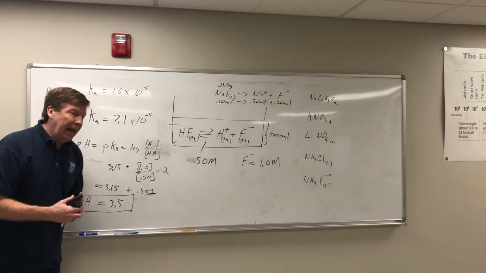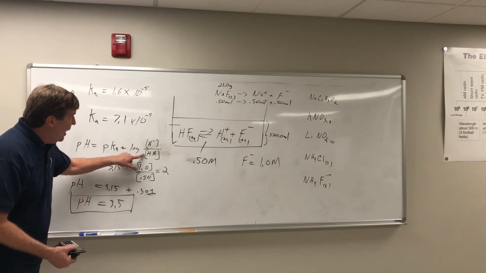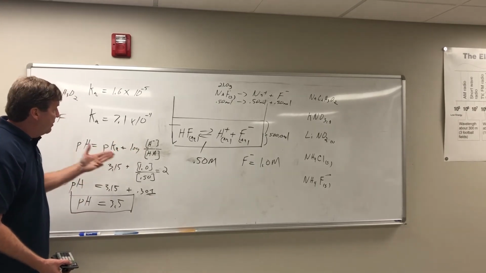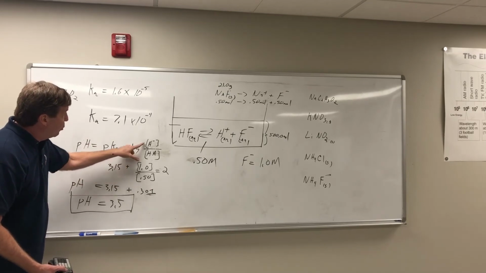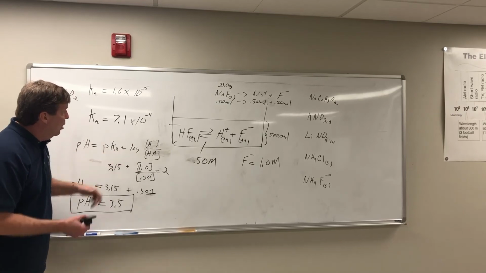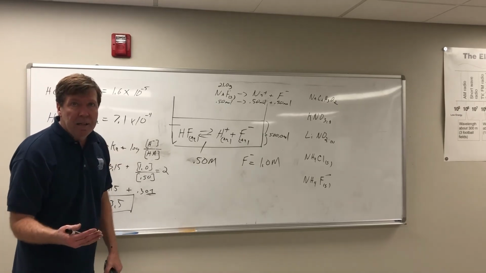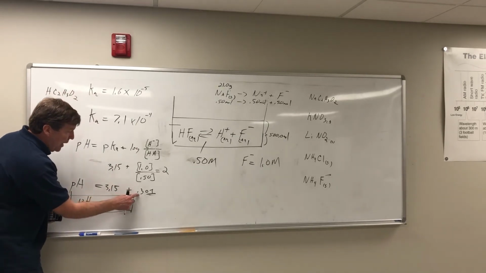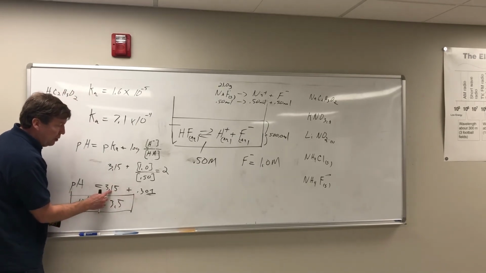One thing I want to point out here is obviously the ratio here is really important. In this particular case, the ratio here is above 1, so the log of any number above 1 is going to be a positive number, so that positive number we're adding to the pKa.